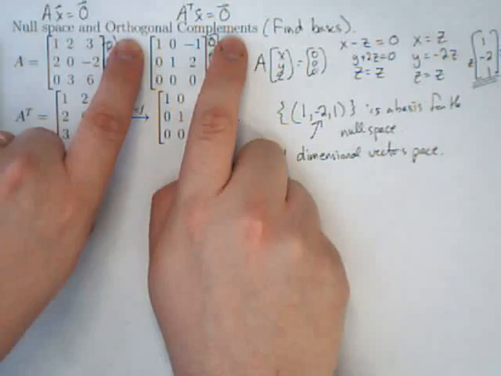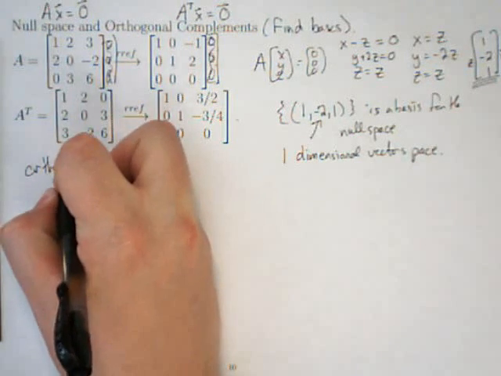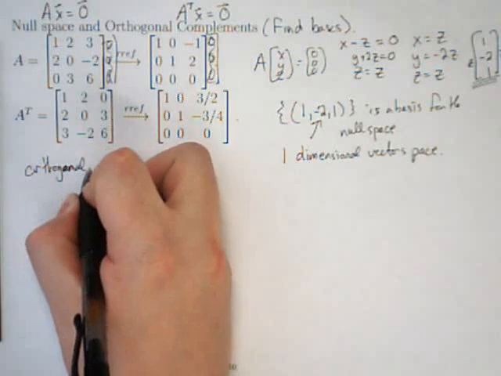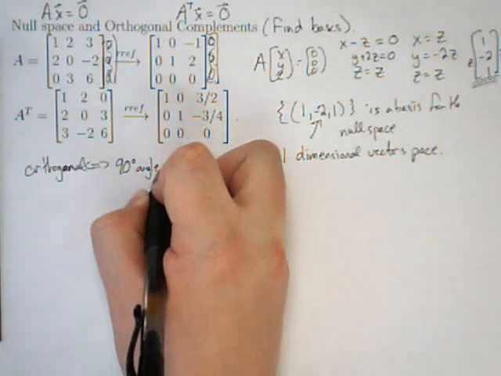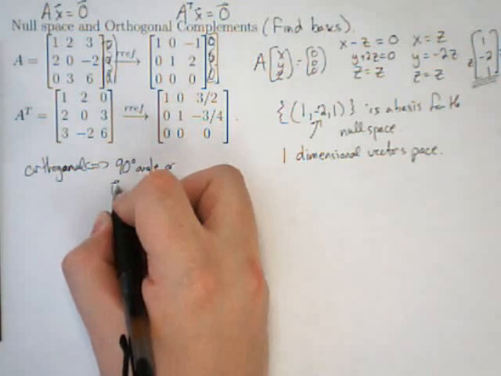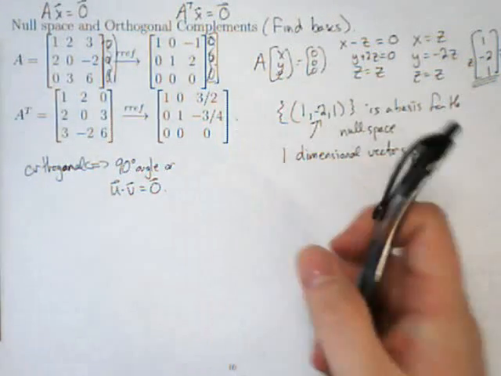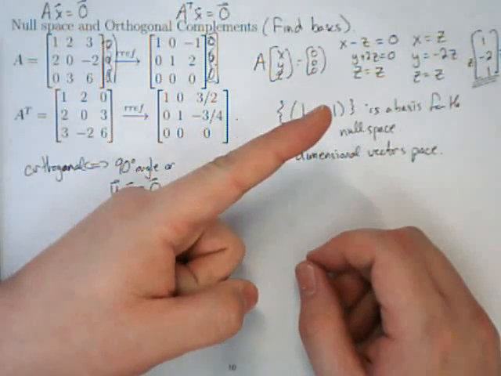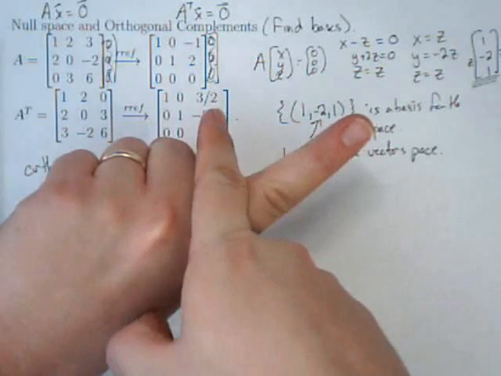All right, we've got the null space down. Now we're going to go to orthogonal complements. First of all, remember that orthogonal means there's a 90-degree angle, or that two vectors have a dot product of 0. If I'm in 3D and I've got a vector, how many vectors are orthogonal to it? There's one there, one there, one there.